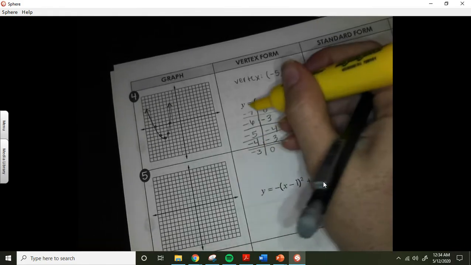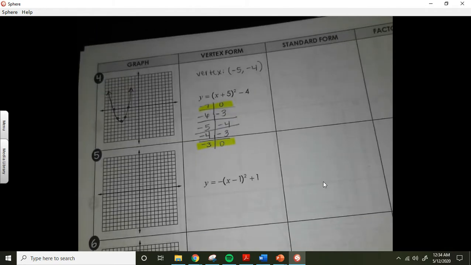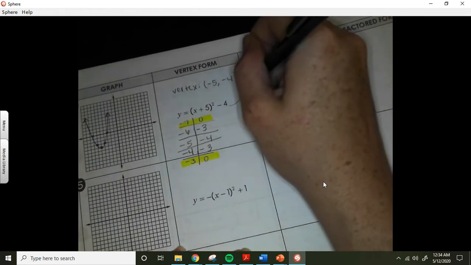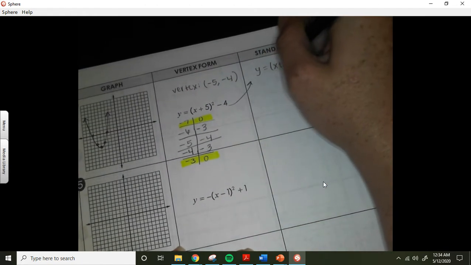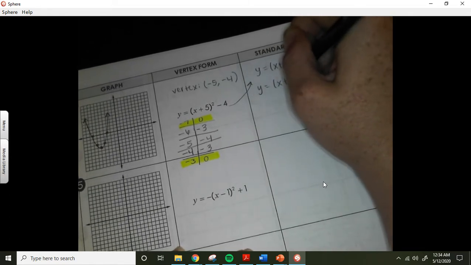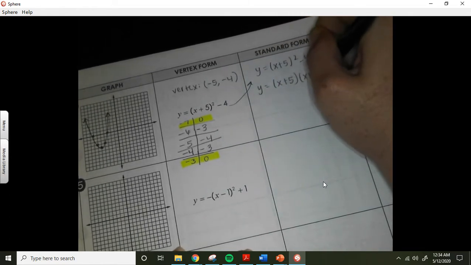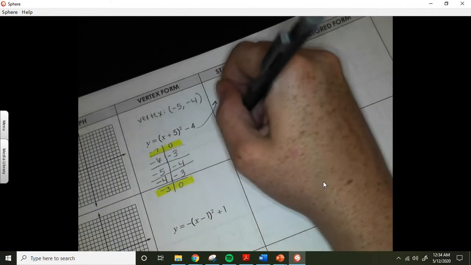And again, if you recall from our previous lesson, what do these mean? That would actually help you find factored form immediately. So your standard form, you're taking this and you're expanding it. Okay, so x times x is x squared.